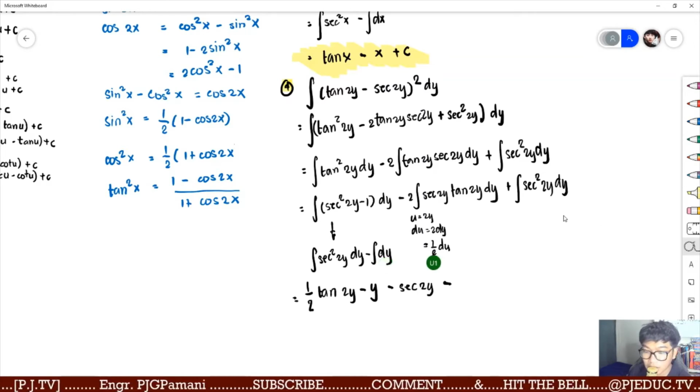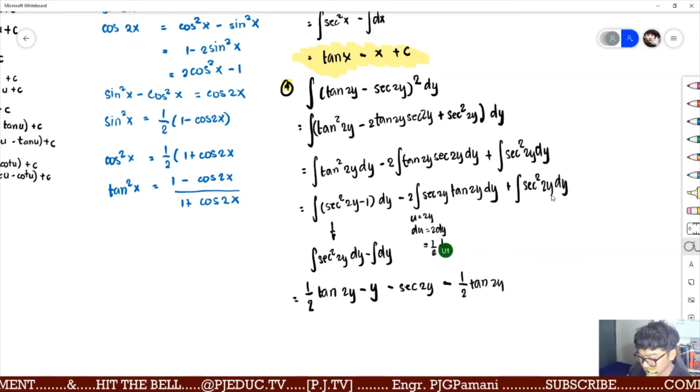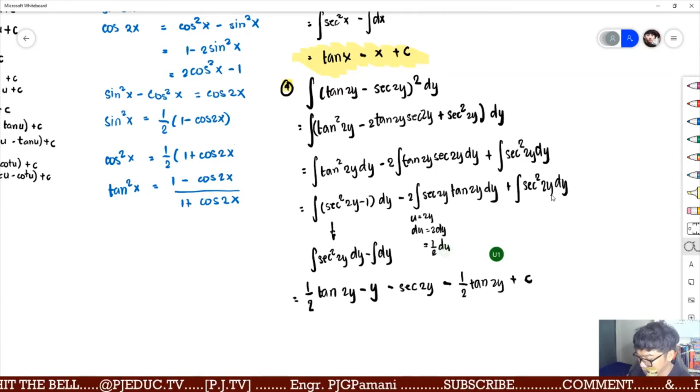Minus again the integral of secant squared 2y dy, which is the same as one half tangent 2y plus c.